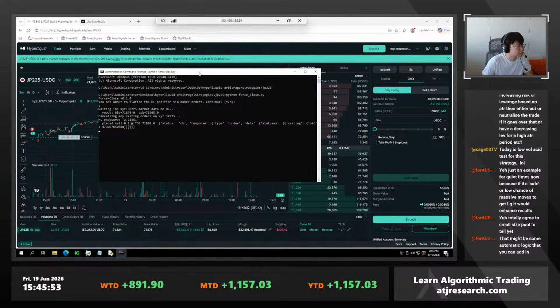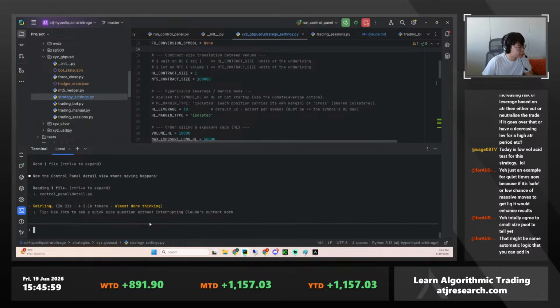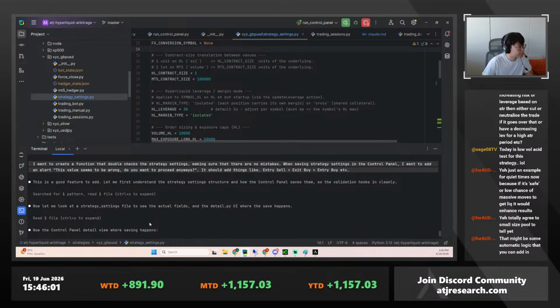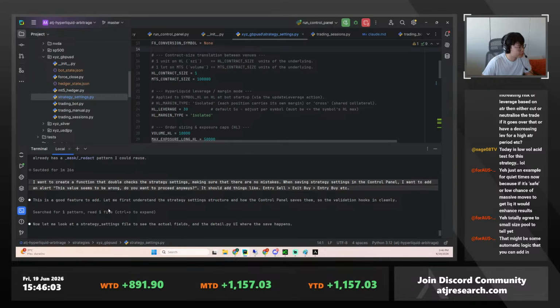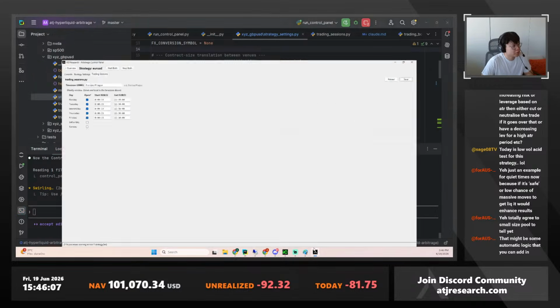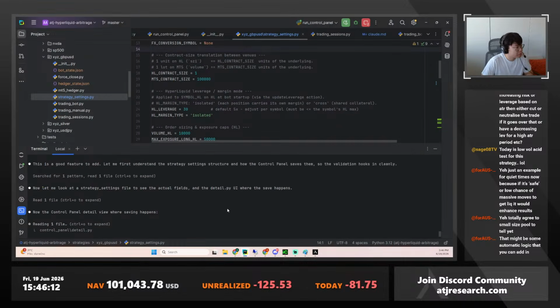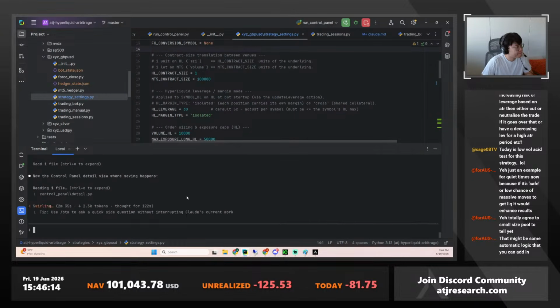So we'll check later on the state of this force close. And let's check my prompt here. In the meantime, we're going to work on the upgrades on the control panel. And yeah, then we'll see.